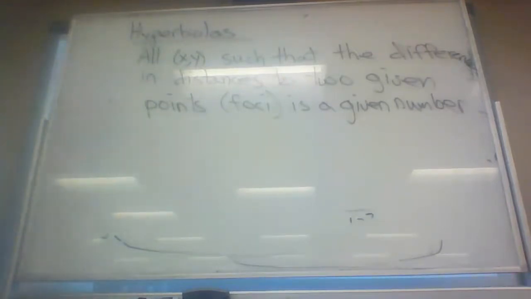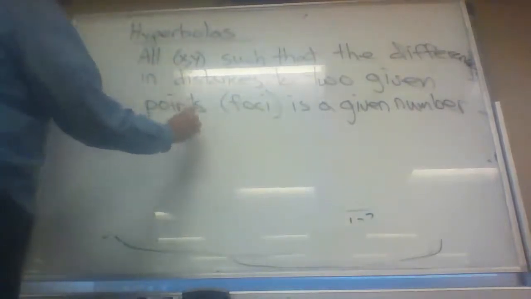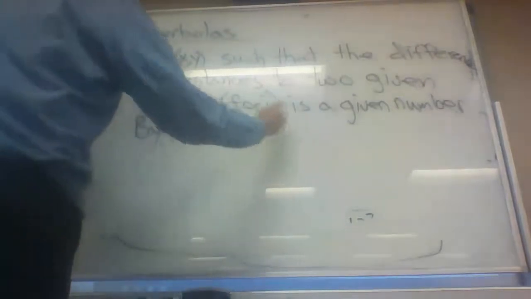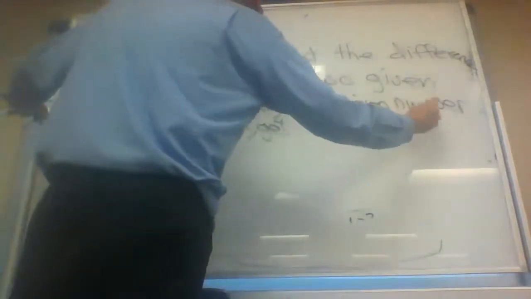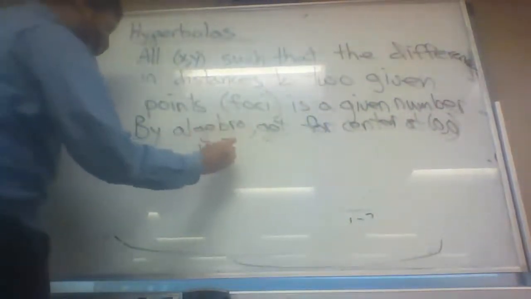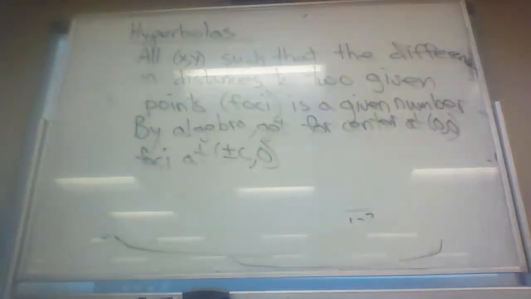And we won't go through the calisthenics on this one. It turns out you write the same equation in there except minus in the middle. And when you go through and solve that one, you'll always come up with this form. So we'll say by algebra from an almost identical equation, just change the plus to a minus, you get for a center at the origin, and the same thing, foci at plus or minus C,0 on the x-axis.